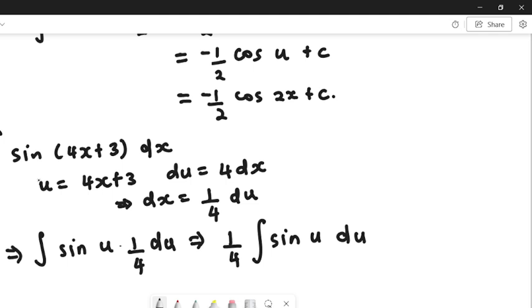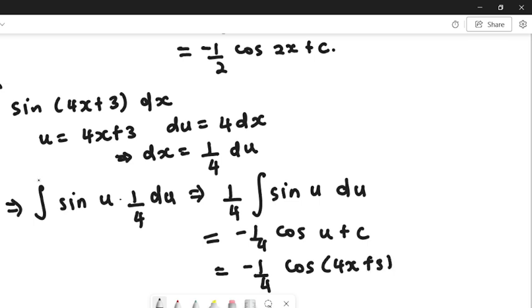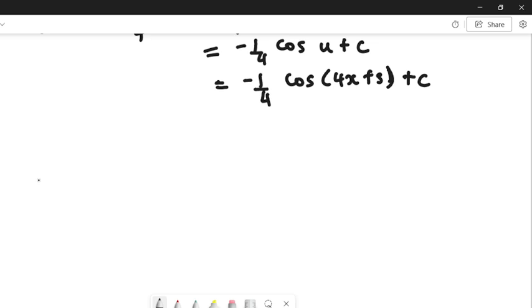If you integrate, you will get minus a quarter, because if you integrate sine, you'll get minus cos u plus c, which is simply minus a quarter cos of 4x plus 3 plus c. So that's how we solve. And like we said, you're moving from less complex to more complex.